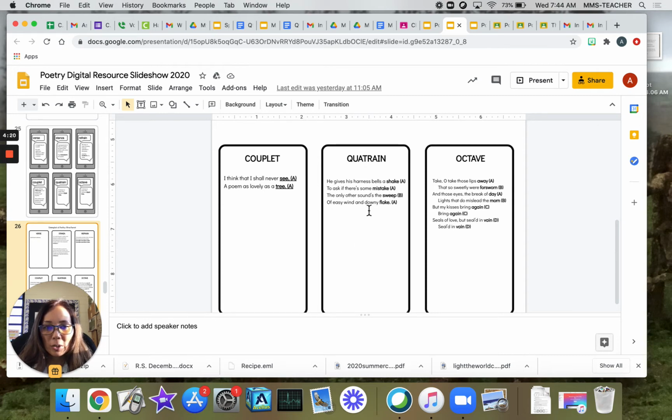So you can see these are 4 lines, 4 verses, and they make up a quatrain. And you can see the rhyme scheme right here. Shake and mistake rhyme, so they're given the value of an A. And sweep does not rhyme with mistake or shake, so it's given a B. And the last line, flake, rhymes with mistake and shake.